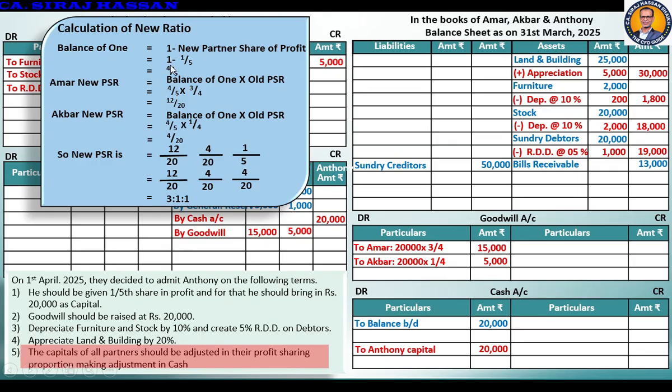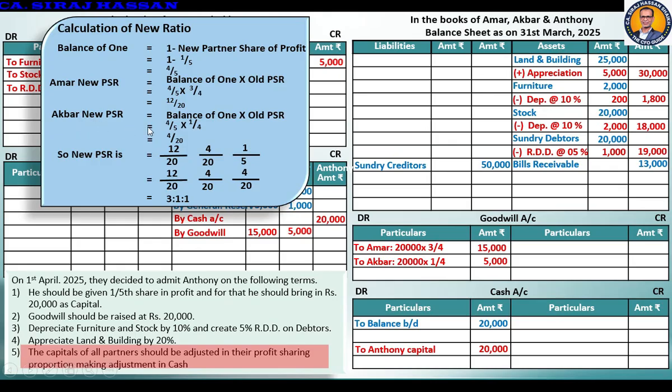Then this balance of 1, that is 4 upon 5, will be multiplied by old profit sharing ratio. So if we are multiplying 4 by 5 into 3 by 4, we get 12 upon 20. That means out of 20 rupees of profit, Amar will get rupees 12.